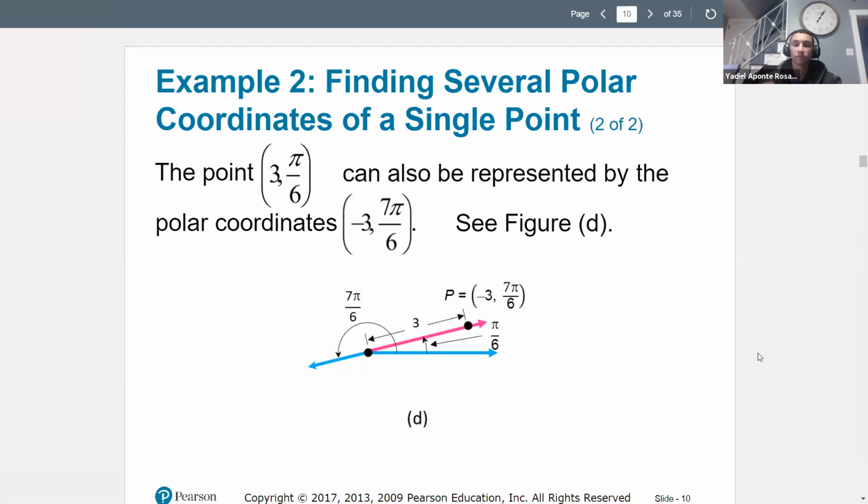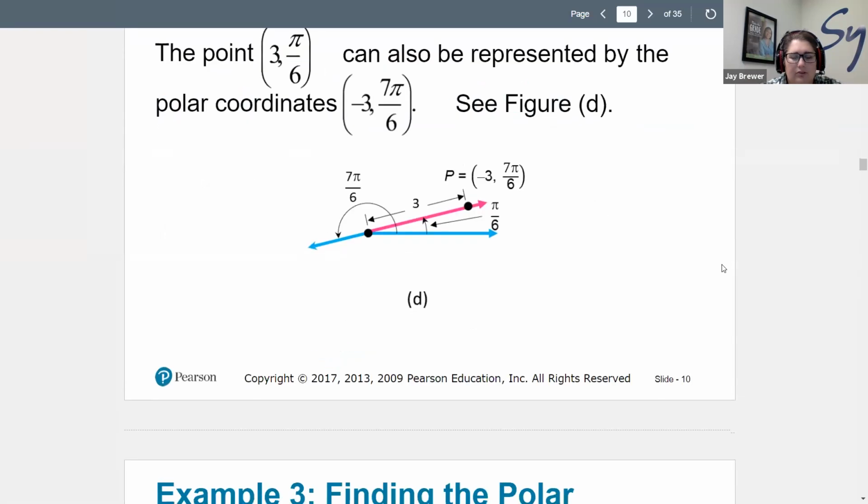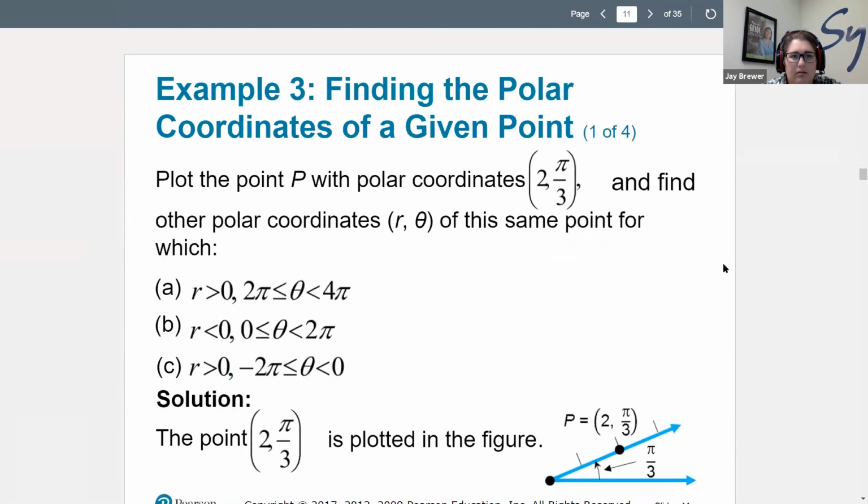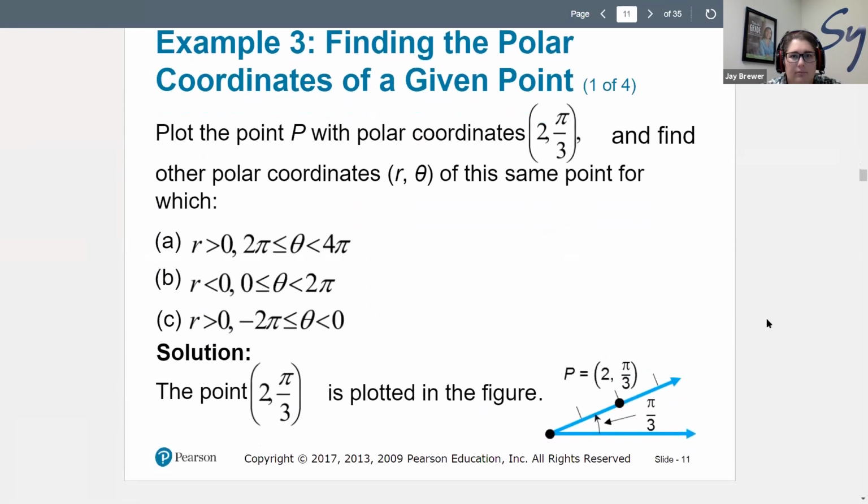If you want to have a negative radius, you have to find the corresponding angle, okay? So if you are given the positive radius and that corresponding angle, if you want to find the negative radius, then you have to just figure out the comparable angle, okay? And you guys practiced that, what, in chapter 8, I think? So it's just coming together a little bit now.